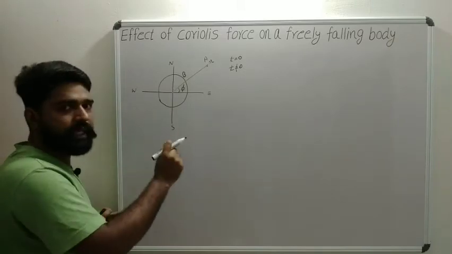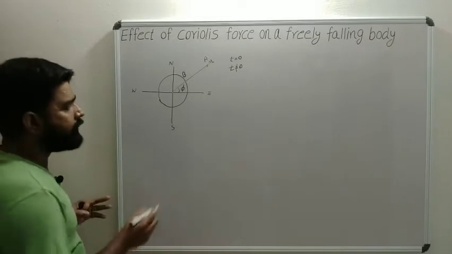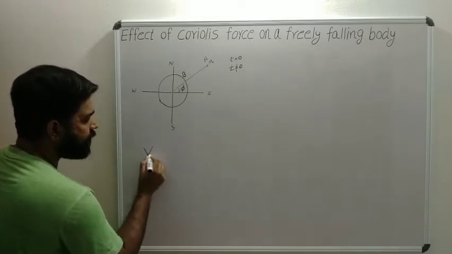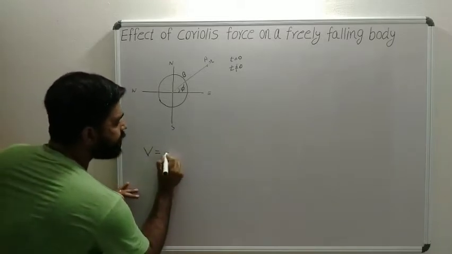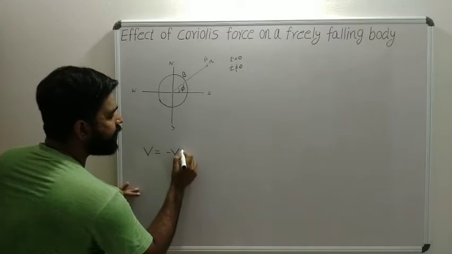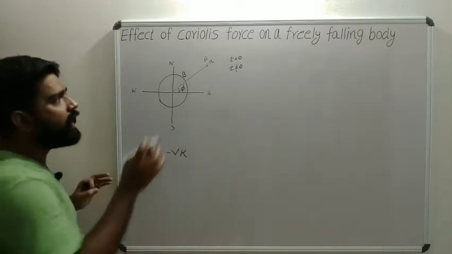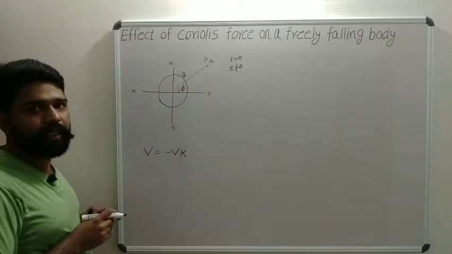and the velocity of the freely falling object can be written as v is equal to minus v k, because the object is moving in the downward direction.